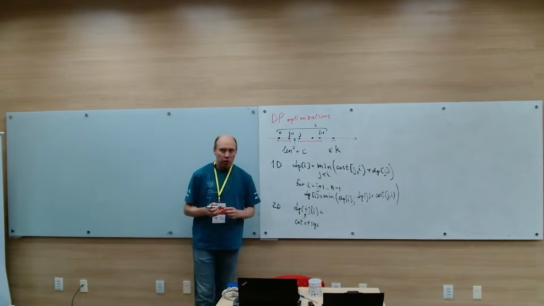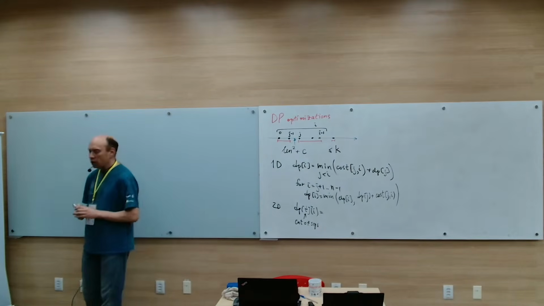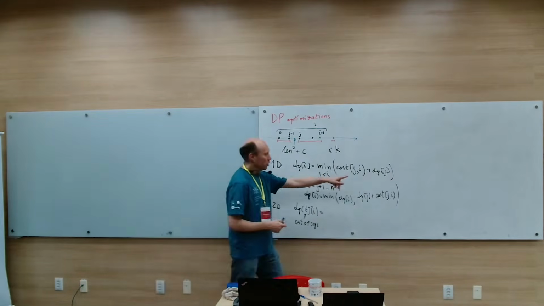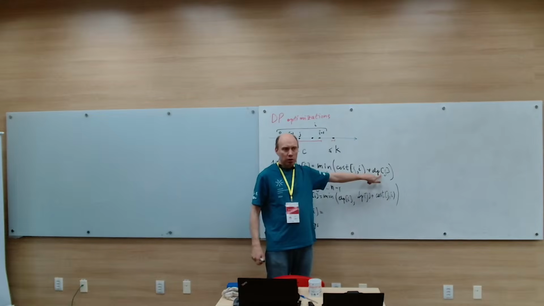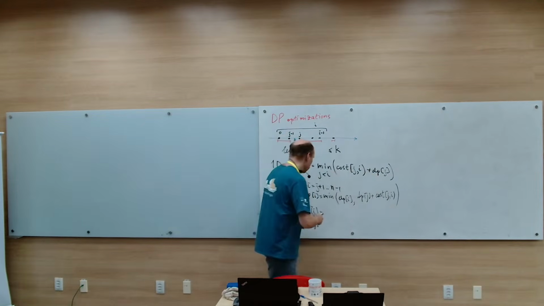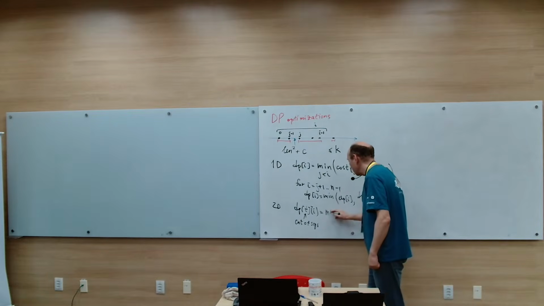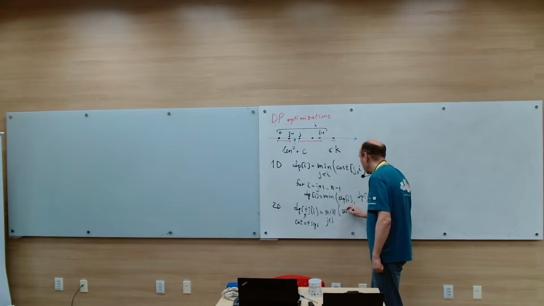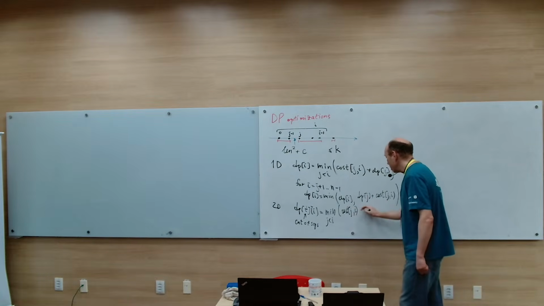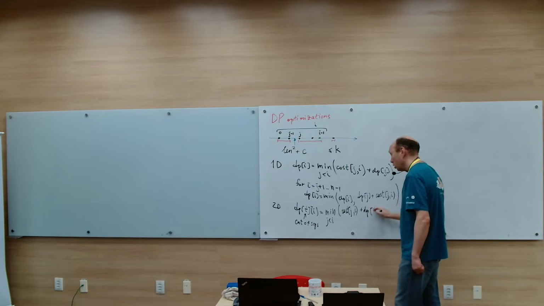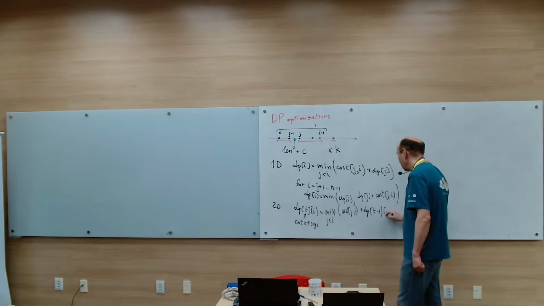The recurrence is essentially the same, but now you reference dp[t-1] because you have one segment less: the minimum over j less than i of the cost from j to i plus dp[t-1][j].